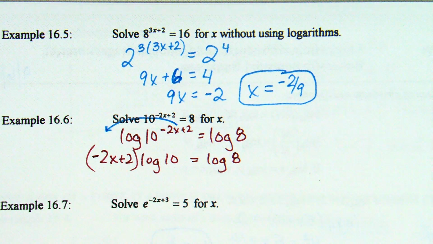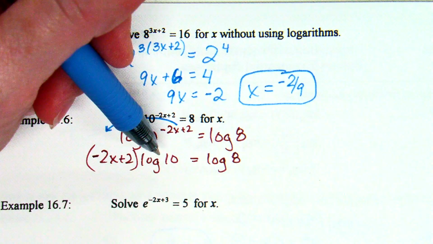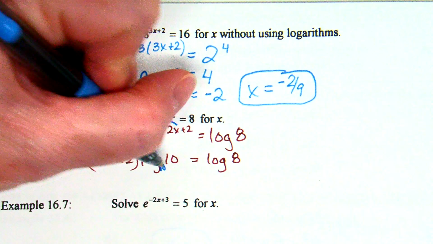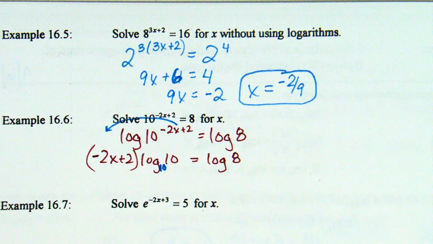Okay, guys. There's a couple different things we could do here. However, I almost overlooked the easiest thing we could do. Log 10. What base is this? This is base 10. What do you remember? A log when the inside and the base are the same number equals 1.